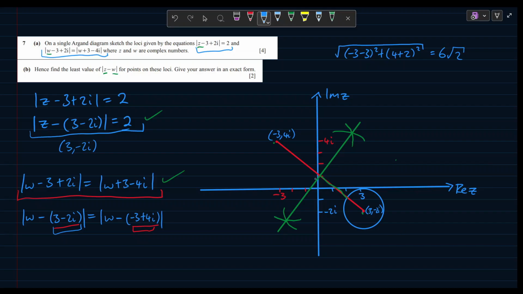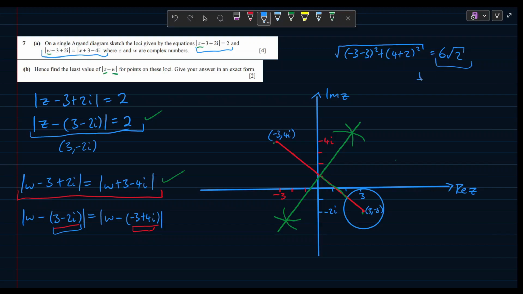So it means that the full length of our red line is 6 root 2, but we only want half of that line. The reason we want half of that line is because this green line is a perpendicular bisector, so it splits the red line in half, meaning the distance from the center to the perpendicular bisector is half the length of the red line.